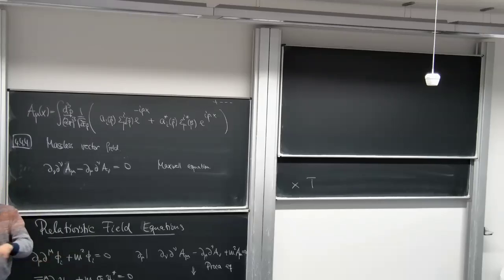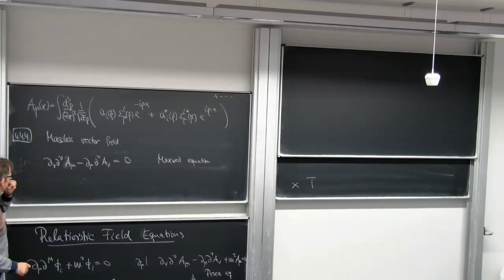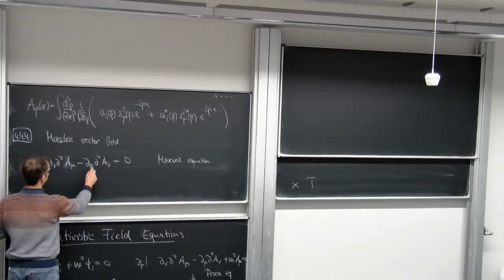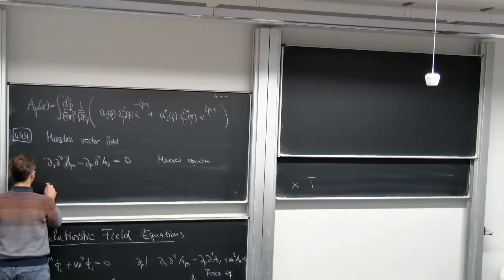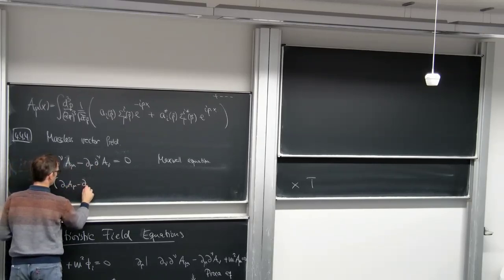Earlier, just when I introduced all this business with field theory, we had Maxwell's equations in terms of the electric and magnetic field, and they look totally different. But it's still the same when you realize the following. Let's pull one of these derivatives out, d mu, and then we have d mu a nu minus d nu a mu.